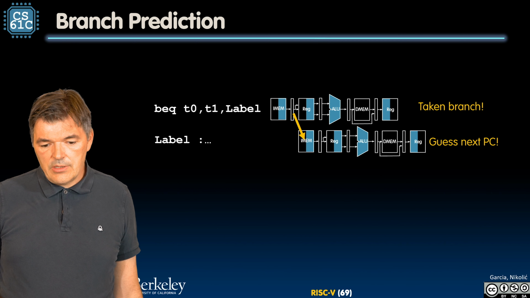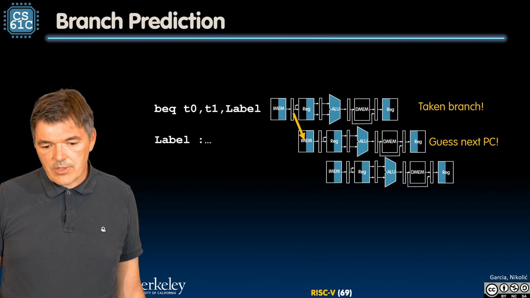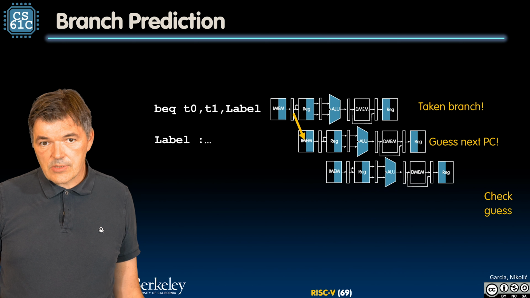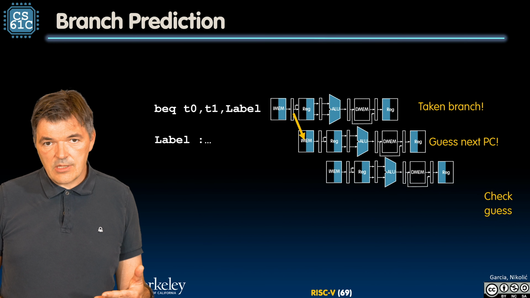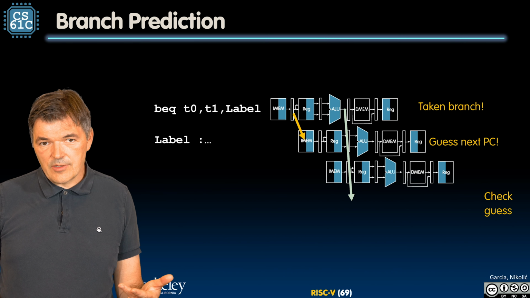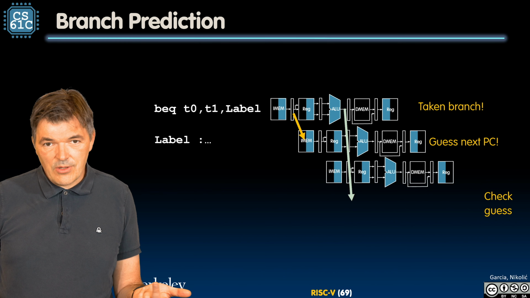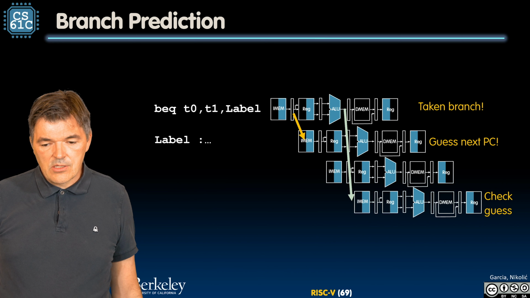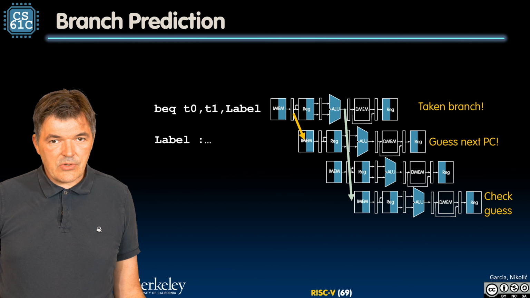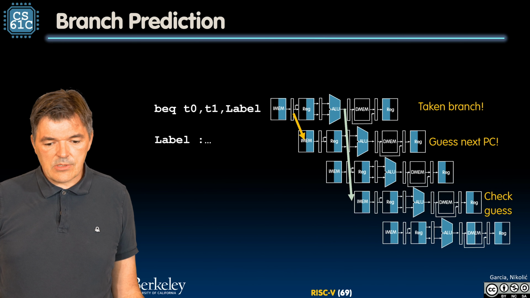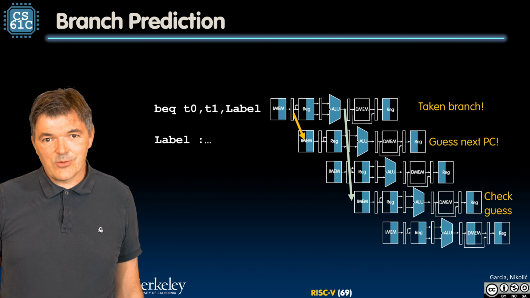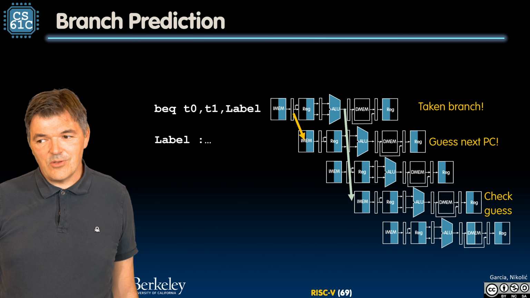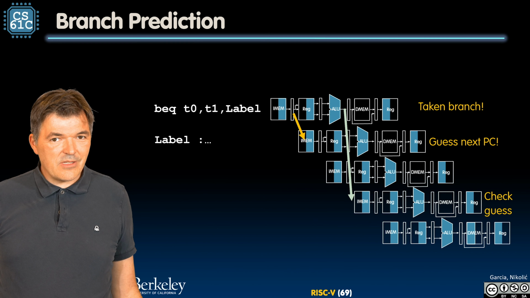We are going to go ahead with that guessed program counter and execute the next few instructions, but after 2 instructions we have an opportunity to check our guess and correct ourselves. So if our guess was right, everything is good. If the guess was not right, then we have to convert those 2 instructions that have been executed into NOPs. And that is it.